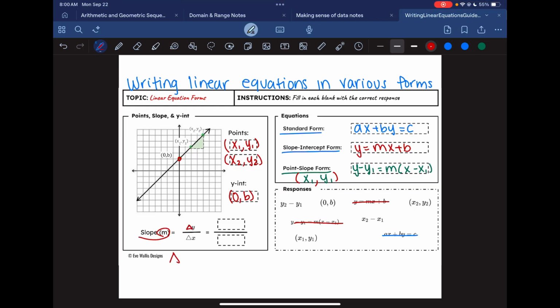This triangle here means delta. Delta means the change or difference between two quantities. Make sure you write that down in your notes.